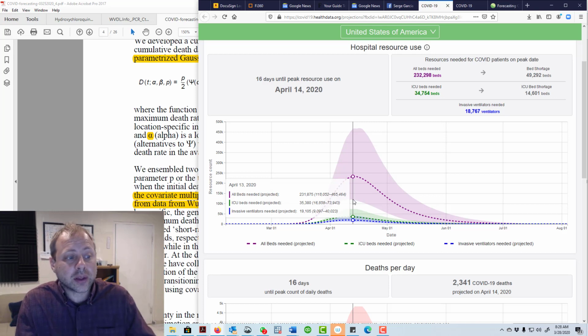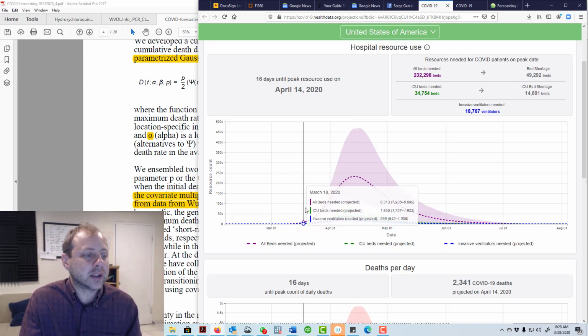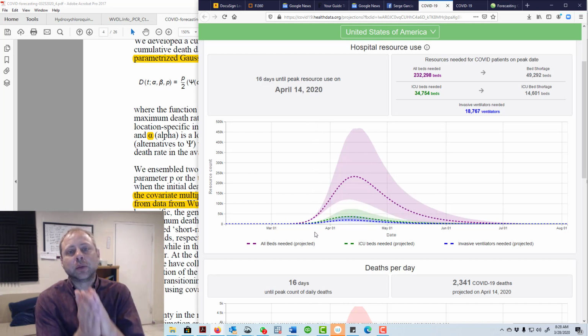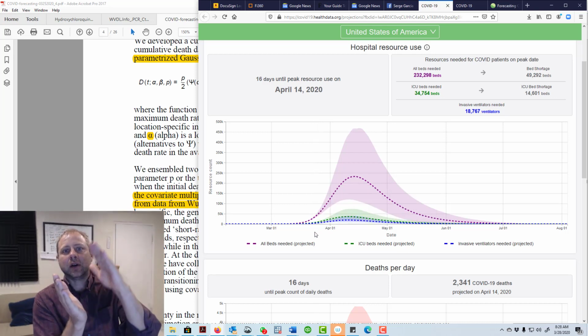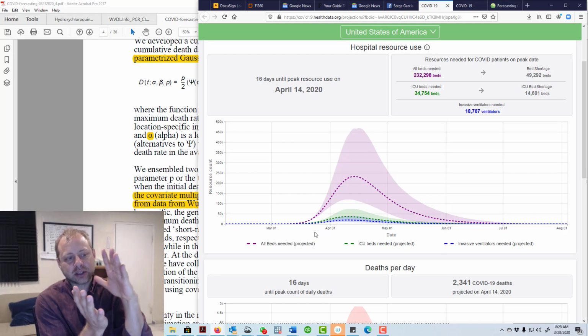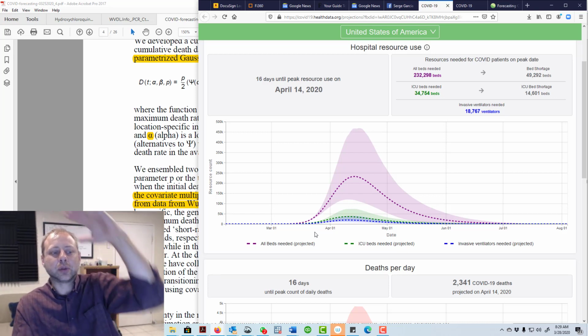And so we just don't know what that looks like, and the closer we get to that day, the more accurate we're able to project it. You can see here at the beginning of the curve, March 23rd, and a couple of days later, that the gray area is very small. It's easy to project the best case scenario and worst case scenario when you're closer to your actual projected time, and the further you are away, the harder it is to project.